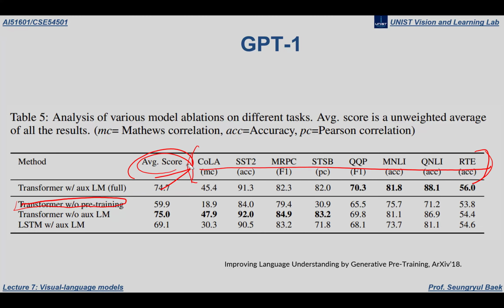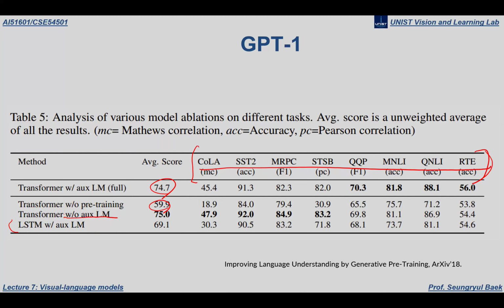If you do not apply the pre-training with unlabeled data, the performance is even lower than the LSTM-based approach. But if we do pre-training and apply fine-tuning, then the performance becomes very good. And also this LM means the task-specific fine-tuning. Okay. Sorry.